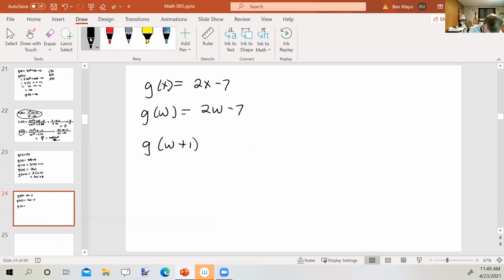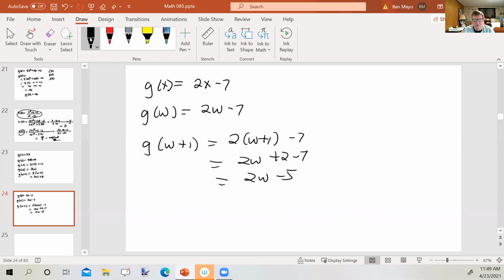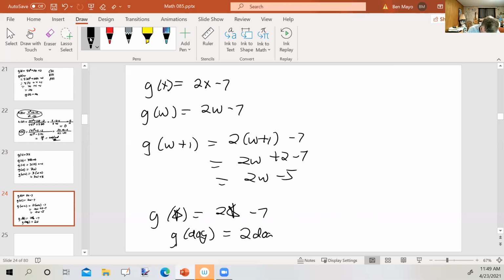G of w plus 1 would be 2 times w plus 1 minus 7, or 2w plus 2 minus 7, or 2w minus 5. What about G of star? That would be 2 star minus 7. G of dog would be 2 dog minus 7. In general, we could say G of whatever is 2 times whatever minus 7. Whatever goes in there, goes in there.